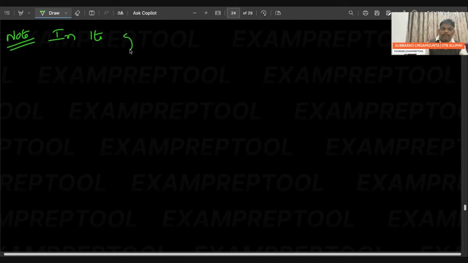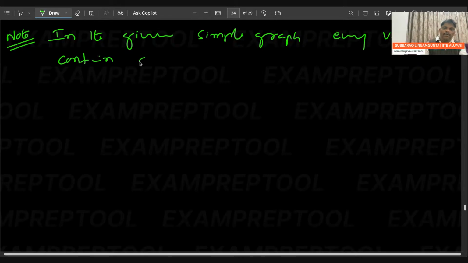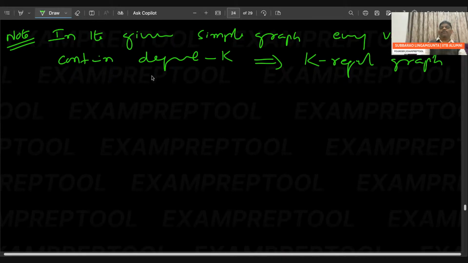In the given simple graph, every vertex contains degree k, then it is called a k regular graph. K regular. Now some people are asking, right?